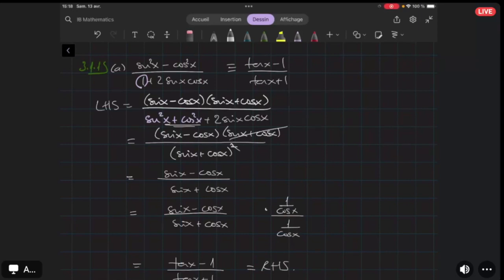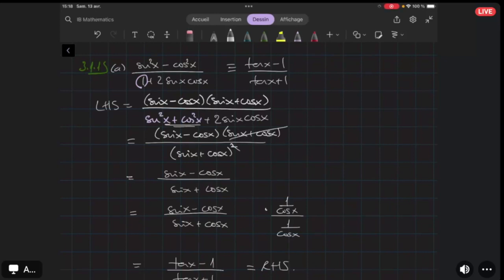Yep, we do 2 sine cos equals sine of 2x. Then we write cos squared of 2x as 1 minus sine squared. Would that work?